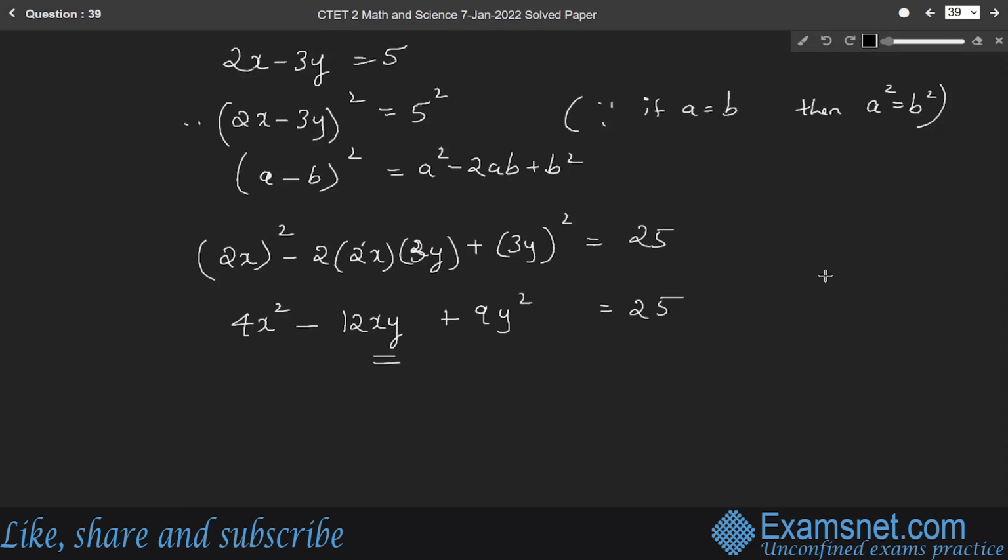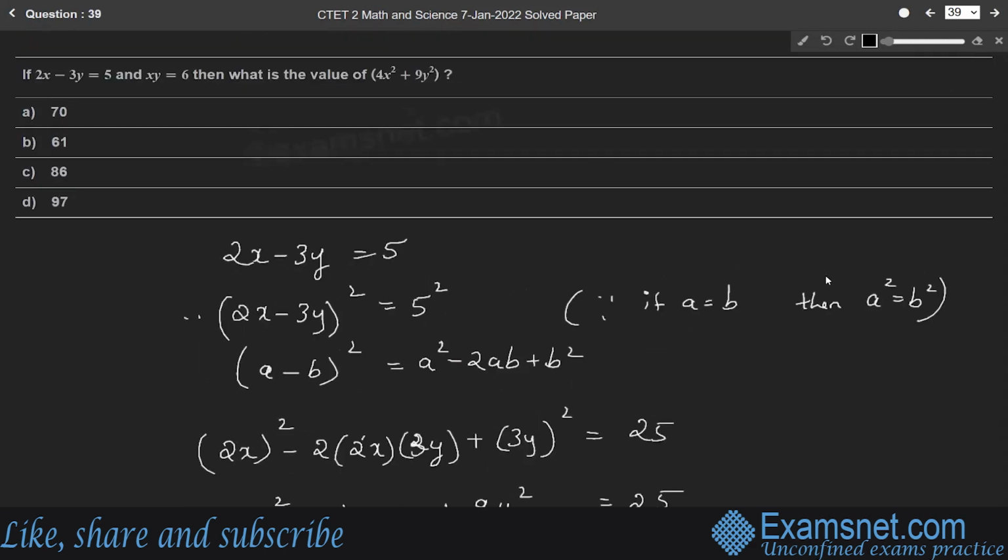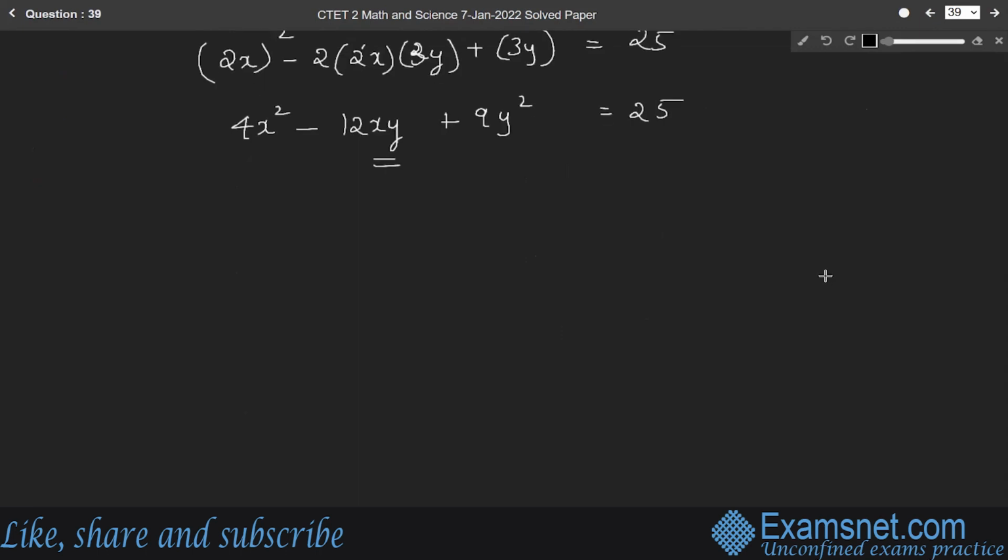So what is xy here? xy is equal to 6. So given that xy is equal to 6, 4x square plus 9y square minus 12 into 6 is equal to 25.